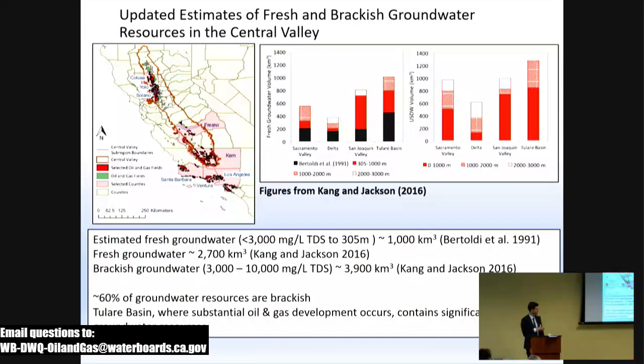it's actually increasing. So in 1991, the estimated fresh groundwater was around 1,000 cubic kilometers in the Central Valley.